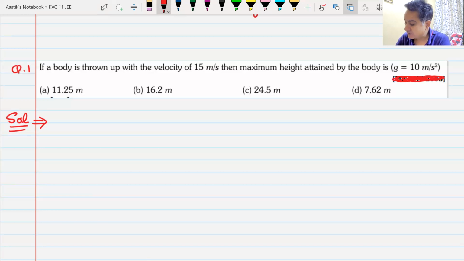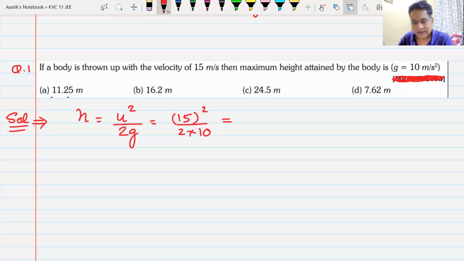How are we supposed to do this? Maximum height, you can straight away put the formula of maximum height, yes? u square by 2g, yes or no? What is the value of u square? u square is 15 square divided by 2 into g, where g is 10, and you can get your answer straight away.